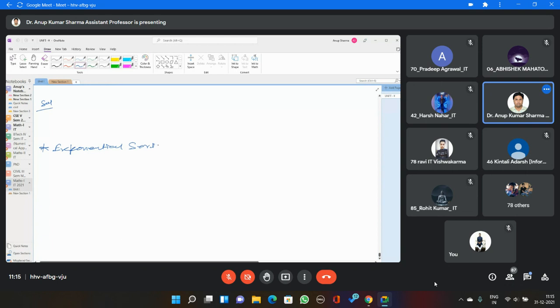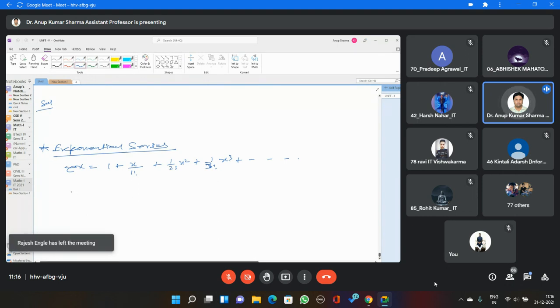Exponential series: e to the power x, we know, is 1 plus x upon factorial 1 plus x square upon factorial 2, x cube and so on.